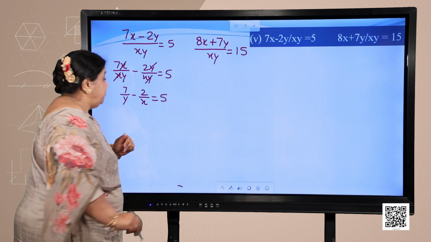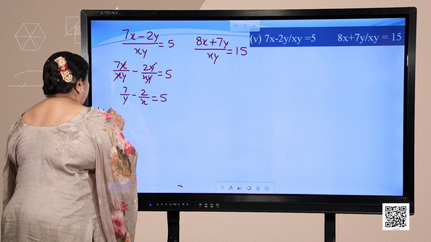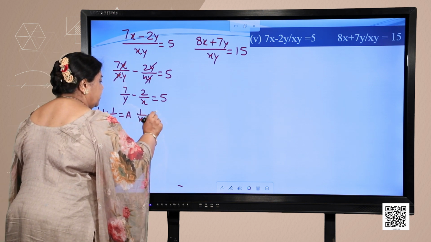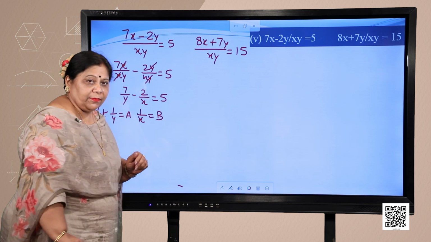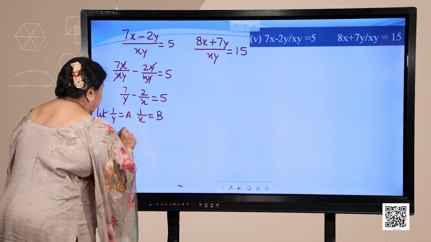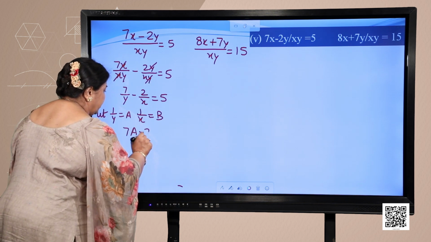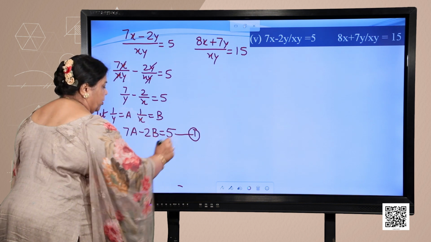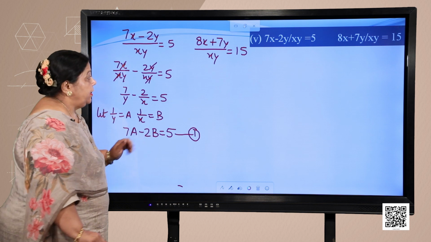Here, I will assume 1 upon y as a and 1 upon x as b. All right. So, we get 7a minus 2b is equal to 5. This is a normal linear equation.